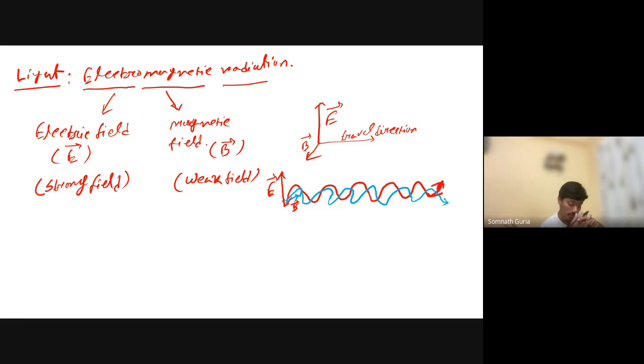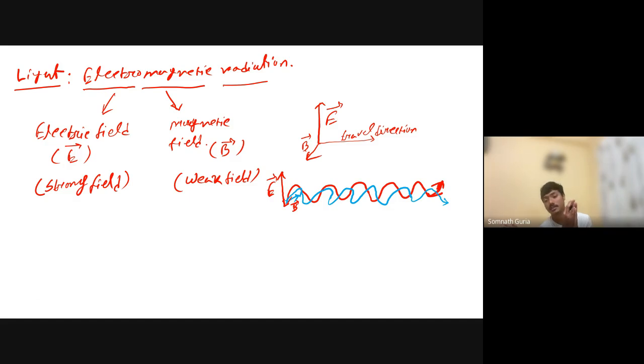This polarizability is responsible for the interaction of light with the molecules in the systems. So this electric field actually changes the electronic distribution.